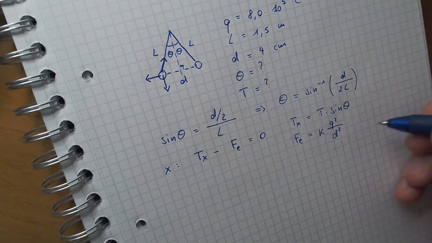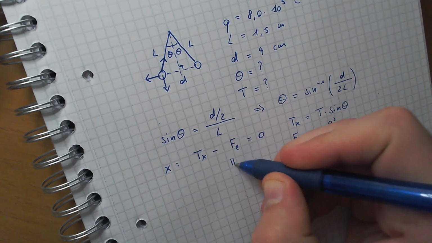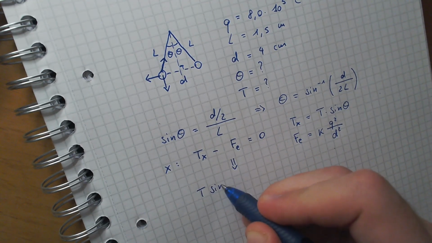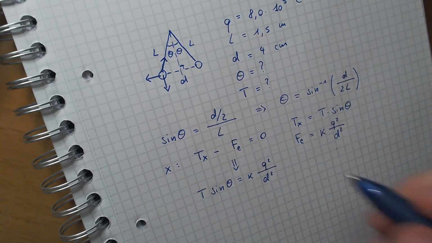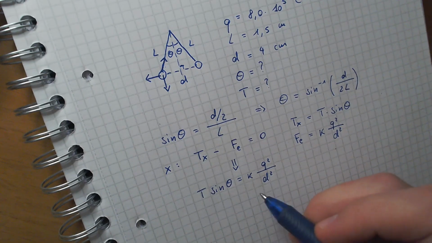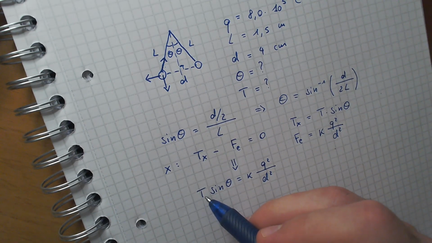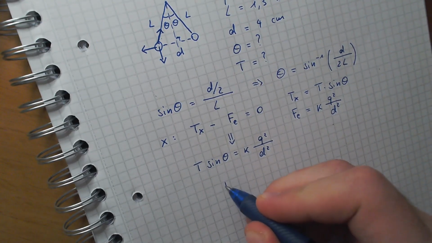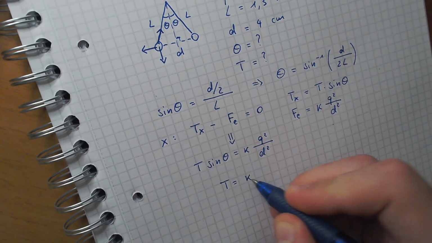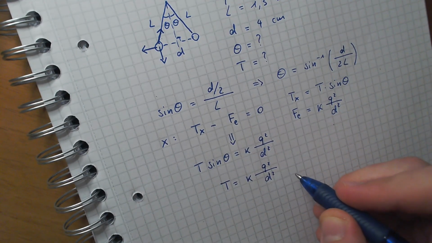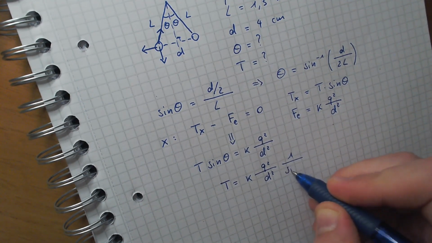So at this point we can write that T sine of theta equals this, and here we know everything except for T. So we can write that T is given by k q squared over d squared, and then 1 over sine of theta.